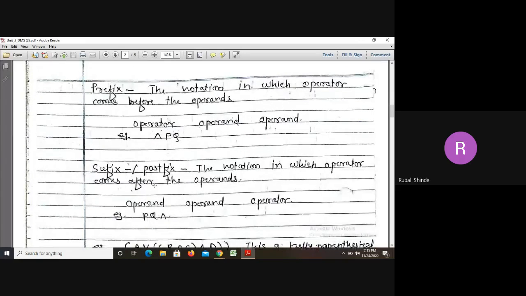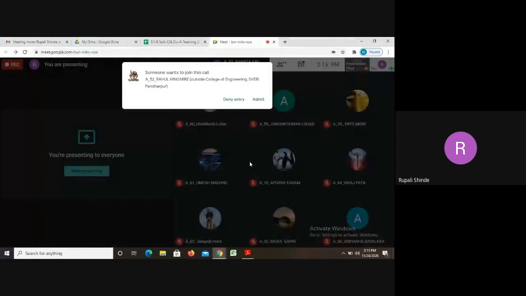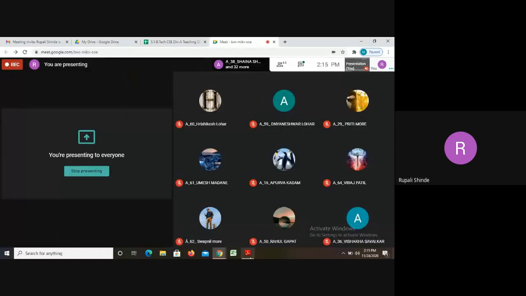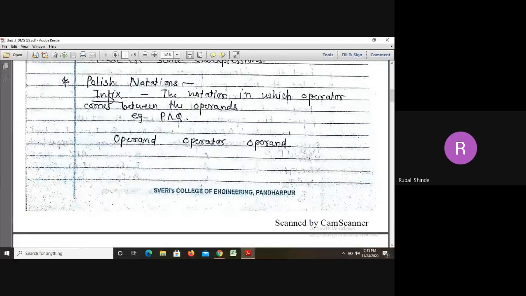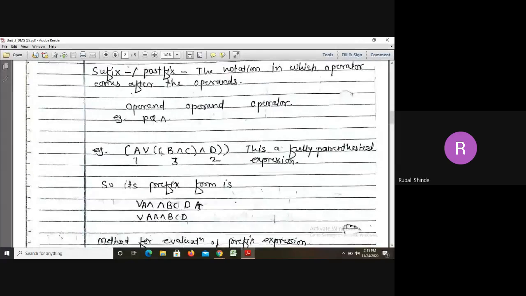The third form is suffix or postfix notation. The notation in which the operator comes after operands is called postfix form. Its syntax is operand 1, operand 2, and then operator. We can express P and Q in postfix form as P, Q, and. Here P, Q are the operands, and and is the operator.